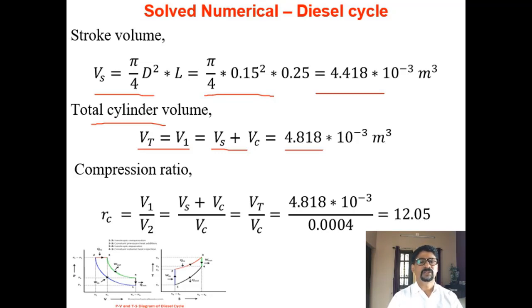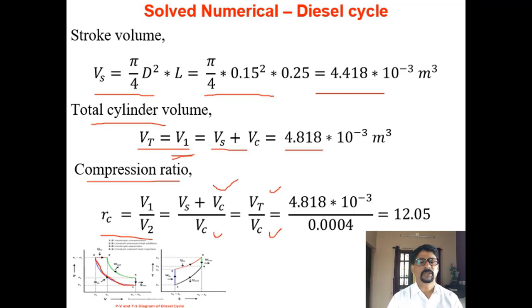Now compression ratio, as all of you know, Rc is nothing but V1 by V2. You see, this 1 to 2 is the compression process. So V1 by V2 is the compression ratio. V1 is nothing but Vs plus Vc divided by Vc, so that is nothing but Vt by Vc. I am writing all the possible formulas. But since V1 is calculated here, directly you can write V1 by V2, because V2 is equal to Vc, already noted under the given data.